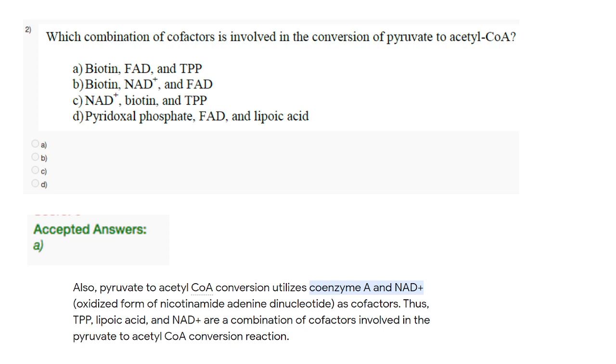So TPP, NAD plus. Okay, this is a contradictory answer. So yes, option C is correct, right? NAD plus, biotin and TPP are involved.